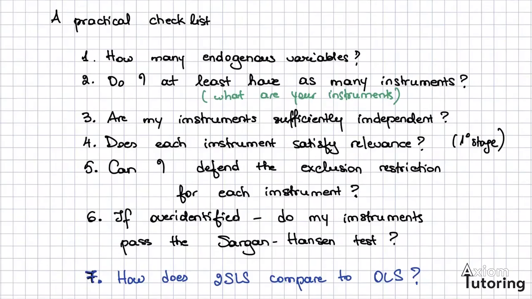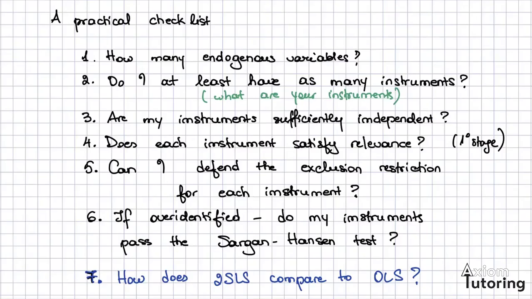What about the exclusion? You can check for the exclusion. The way they defend it is that birth quarter has no plausible direct effect on earnings, and it was argued using institutional knowledge. They do check the order condition. They've got one instrument, one endogenous variable, which means they have a just identified model.